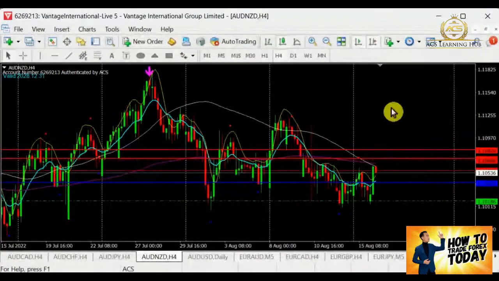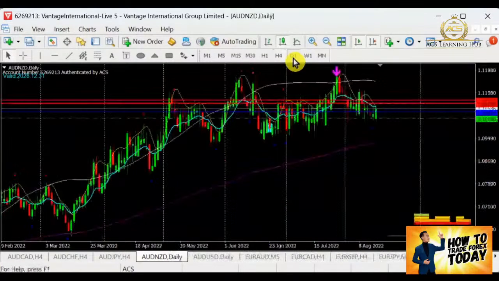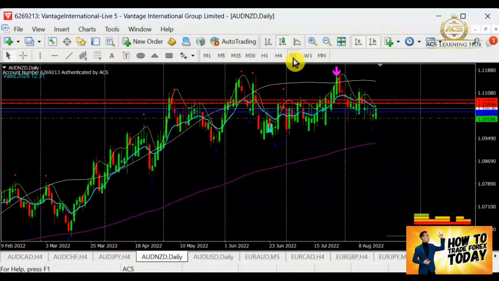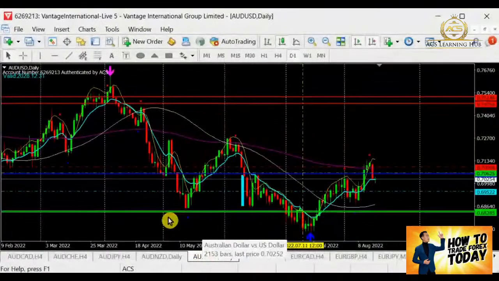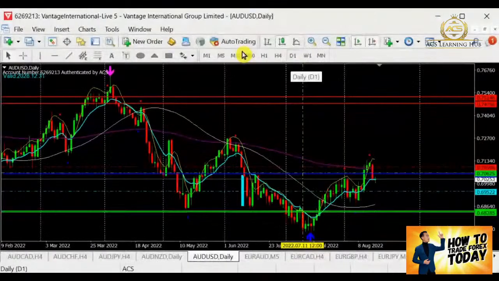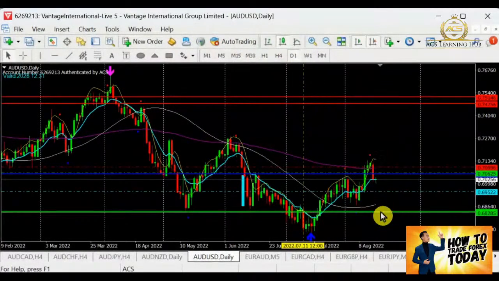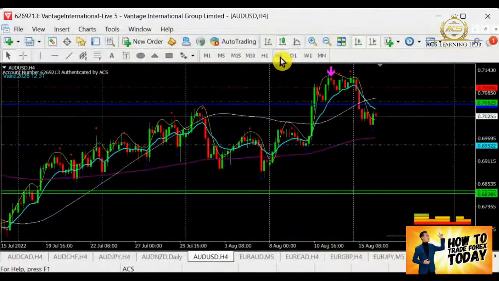Then of course Aussie kiwi. Let's take a look. The trend here is still on the move to the moon. So the bull is still running. And Aussie dollar, we are still in the bull. Yesterday we had a slip off, over here is a pullback, and today is still running into the state of buying.